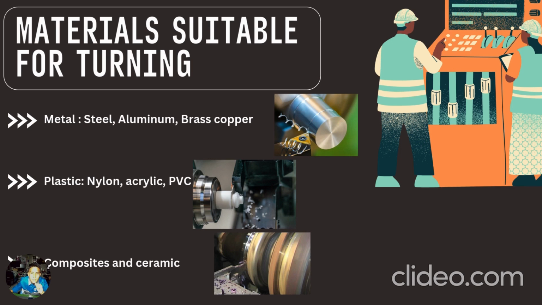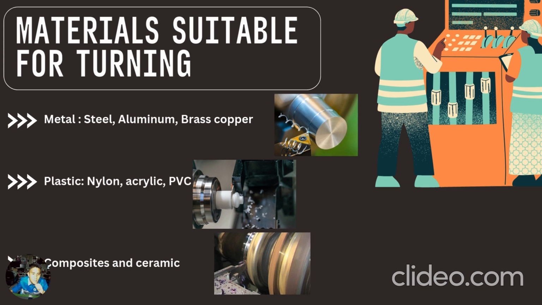And next I will explain about materials suitable for turning. There is a limitation for materials that can be used in the turning process. There are three types of material that are suitable.